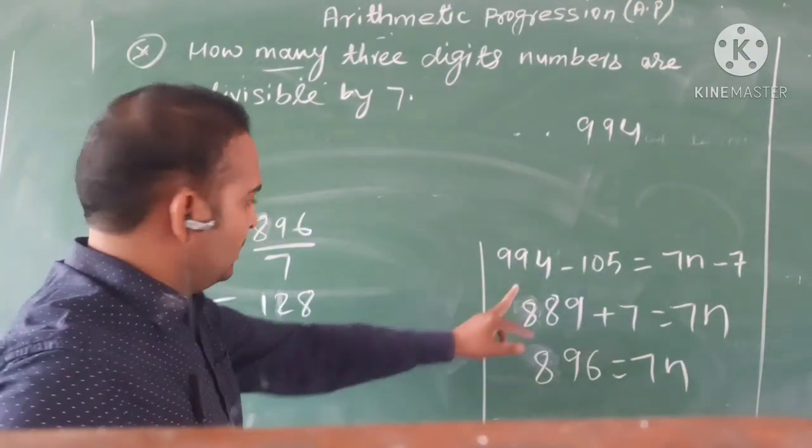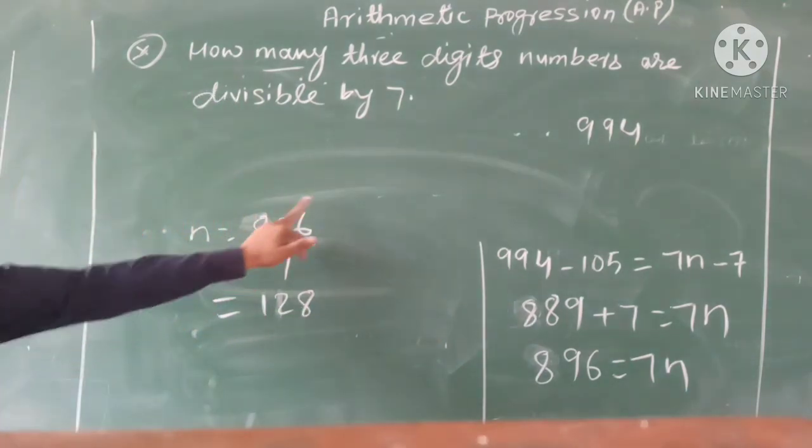So n is equal to 896 divided by 7, that is 128.